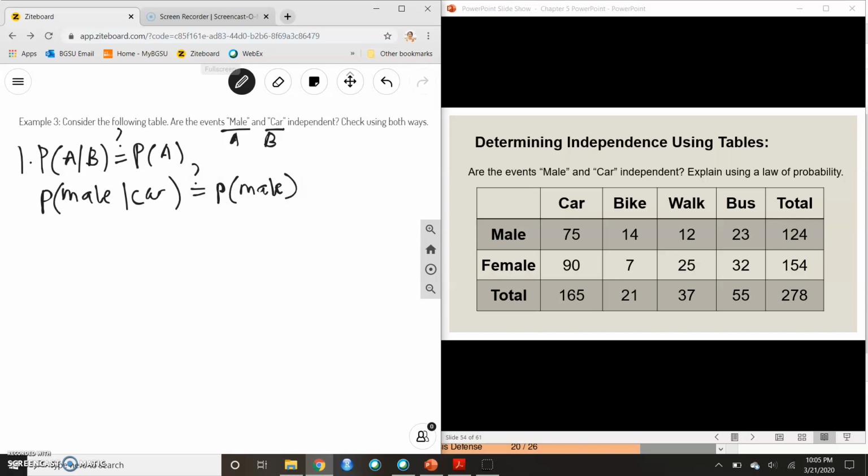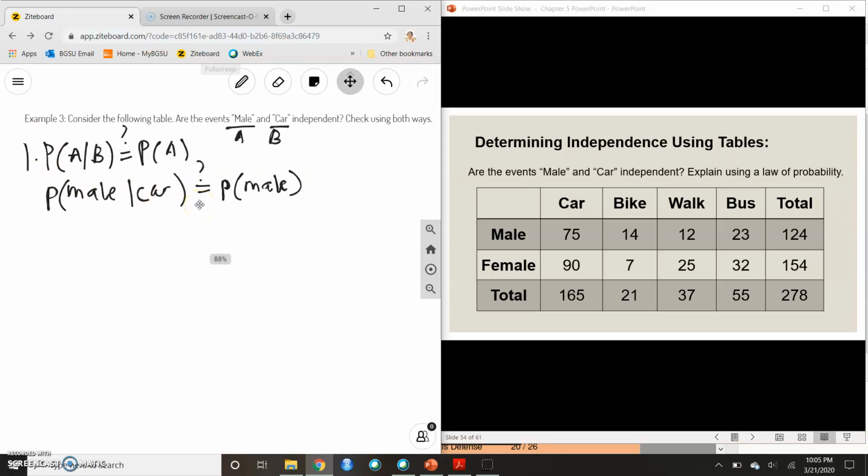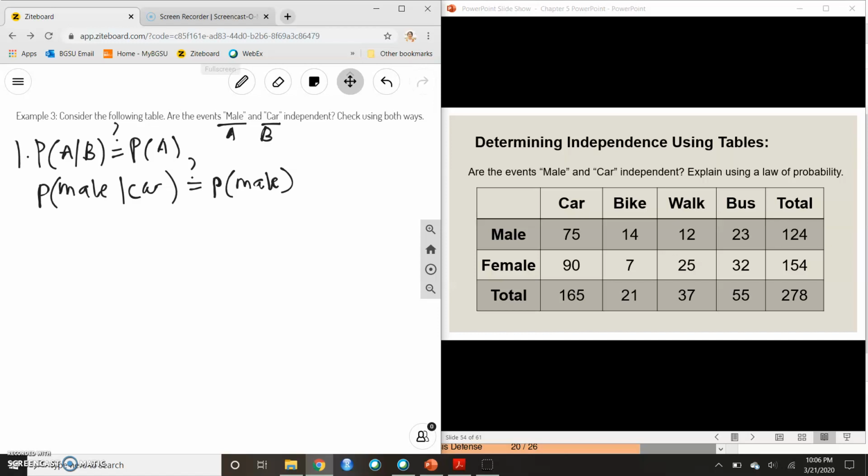We know how to find conditional probabilities from our last video, and we can do the same here. So probability of male given car, the given condition is that this person must have taken the car. So the total for car becomes our denominator, 165. Out of these 165 people who took the car, 75 of them were male.